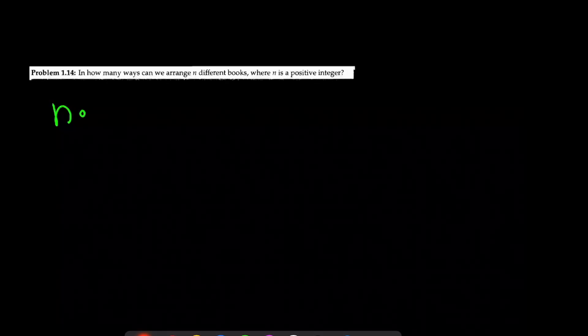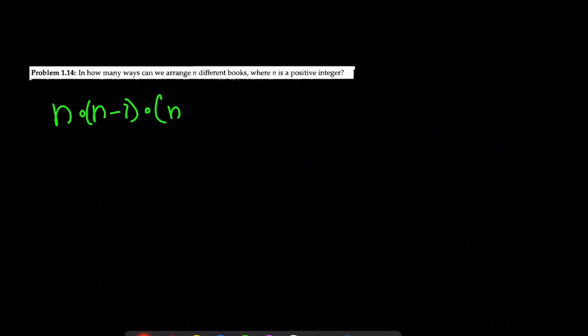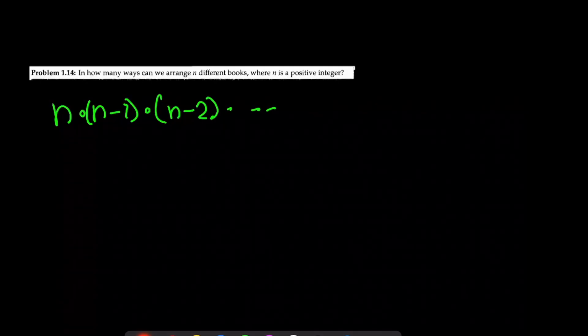So there are n minus 1 choices for the second book. So it looks something like this. And then for the next one, once you place that, you have n minus 2 books. And this goes all the way down until you have 3 books, 2 books, and finally 1 book.